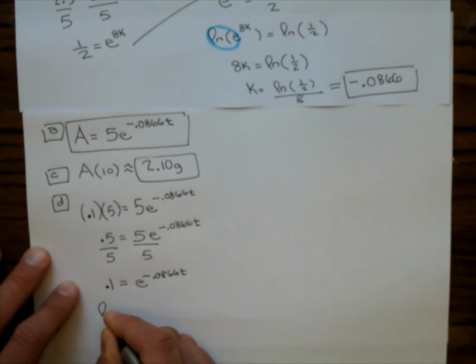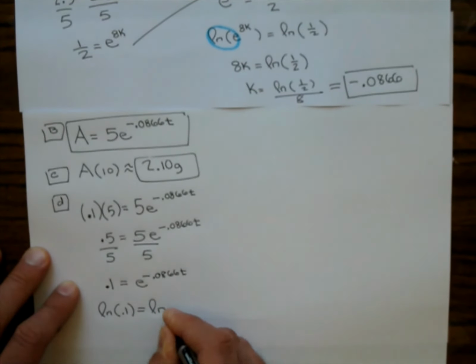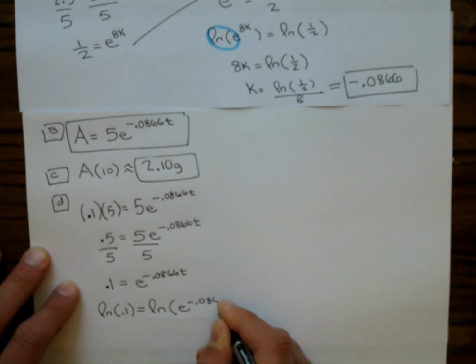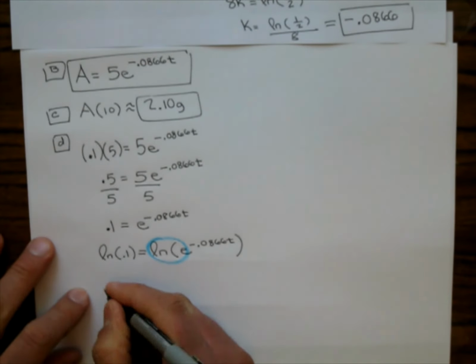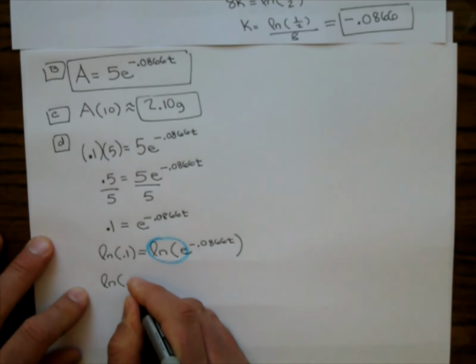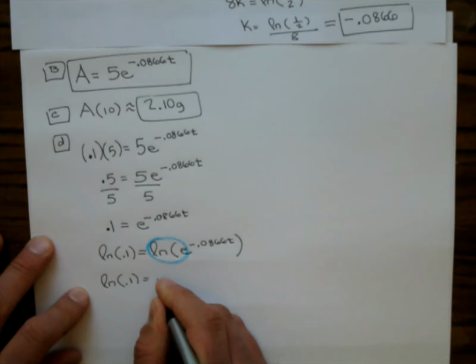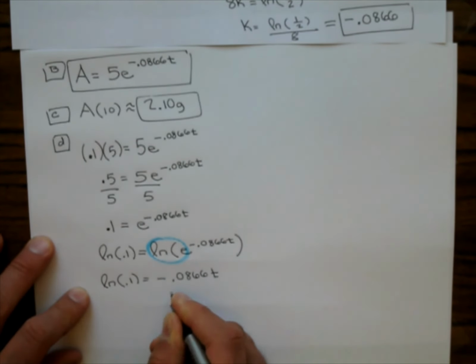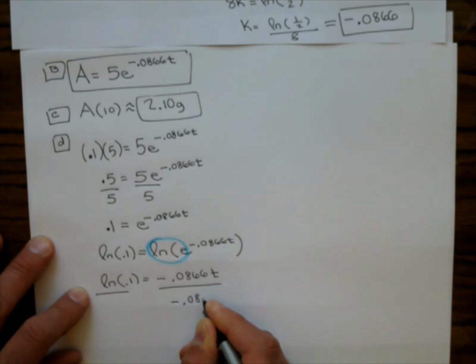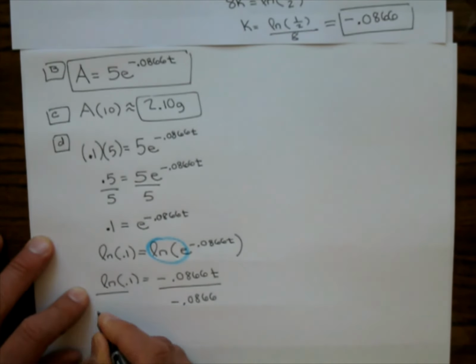I ln both sides. And maybe you already know what's going to happen on the right hand side. That thing's going to go pop, and I have ln 0.1 equals negative 0.0866 t. I divide both sides by that negative 0.0866.